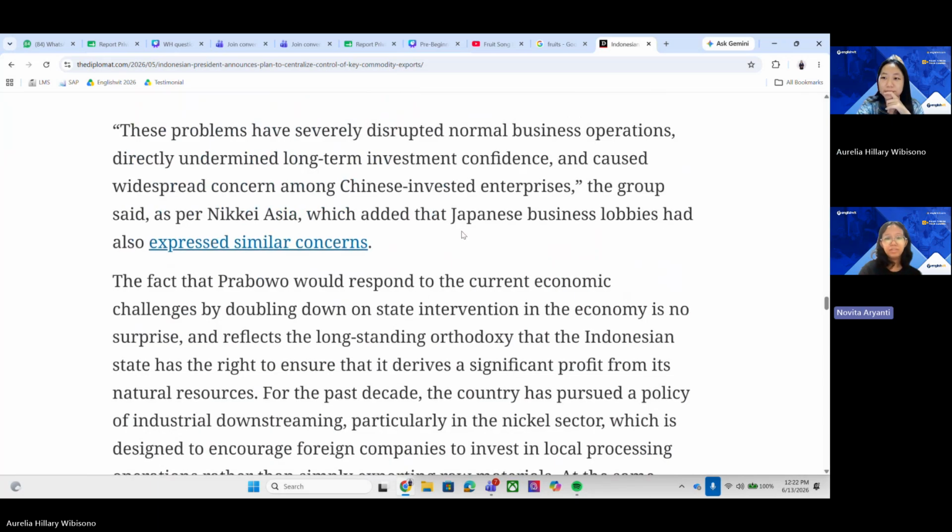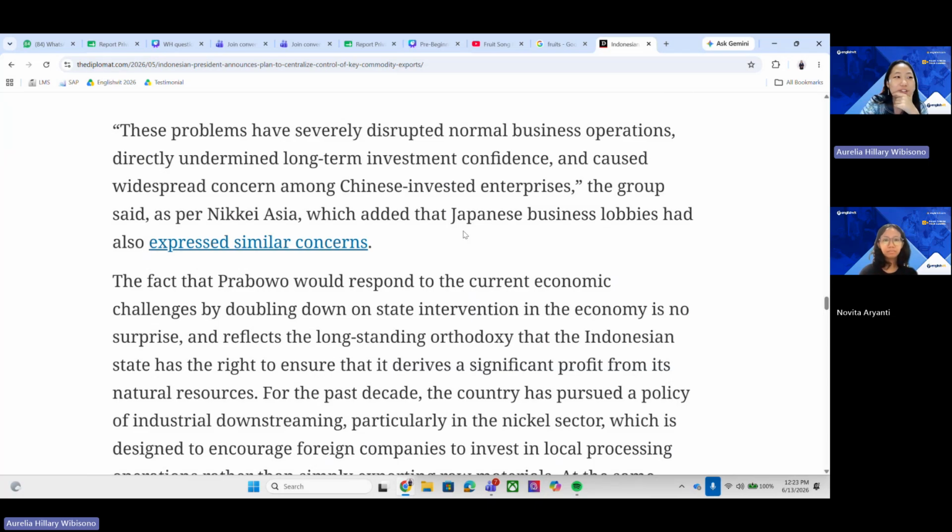But for the Japanese here, actually they haven't. I'm not sure, but they just shared the concern, not like the Chinese businessmen. They didn't report it to the president later. So only the Chinese businessmen.